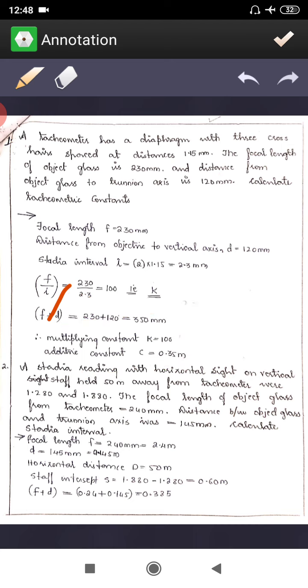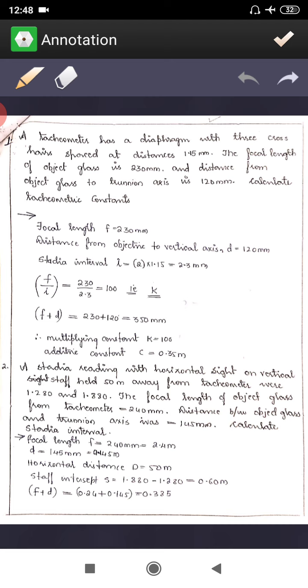The focal length of the object glass of the tachometer is 240 mm, F is 240 mm, and the distance between the object glass and the trunnion axis is 145 mm, that is small d. Calculate the stadia interval. Stadia interval means here you are going to determine the I value.